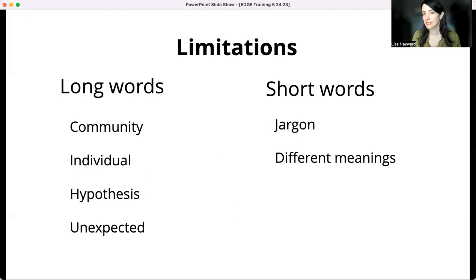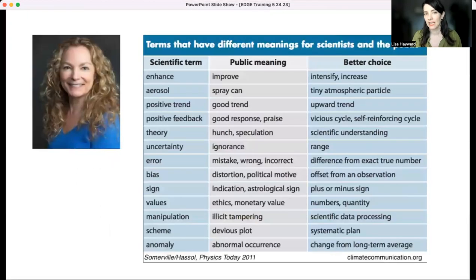There are also words that have different meanings in different contexts. So what do I mean by that? This is Susan Joy Hassel's work again. So you can see that a small word like sign, for a more general audience, that might mean ethics, indication or astrological sign. But the better choice, according to Susan Joy Hassel, is to say a plus or minus sign.